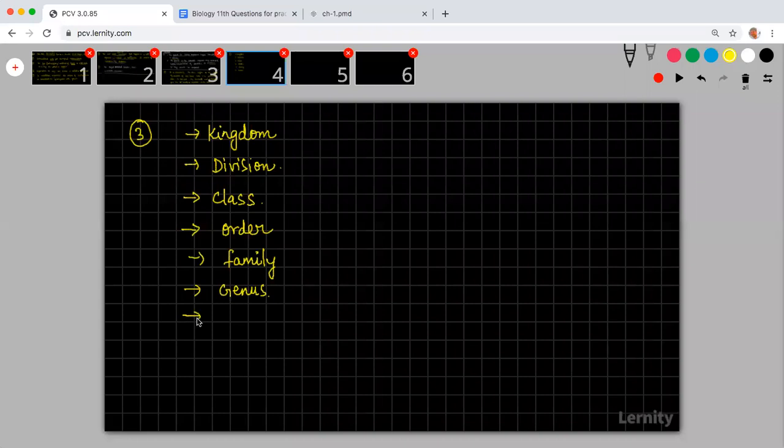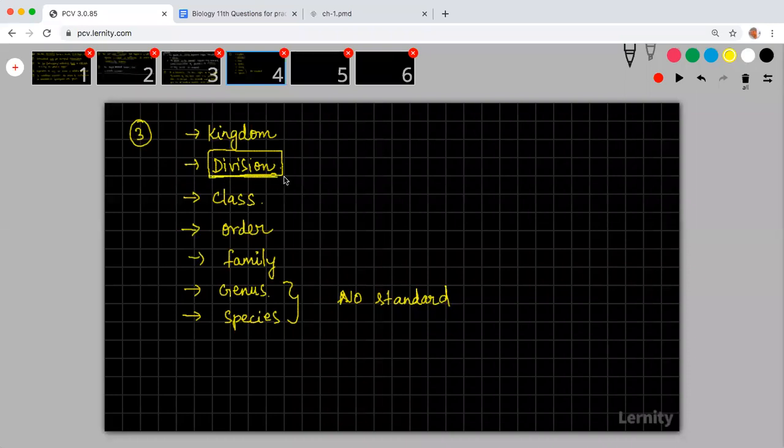Seventh one is species. Usually no standard suffixes are used for genus and species. Phylum is only for animals. Here the question is specifically asking about plants.